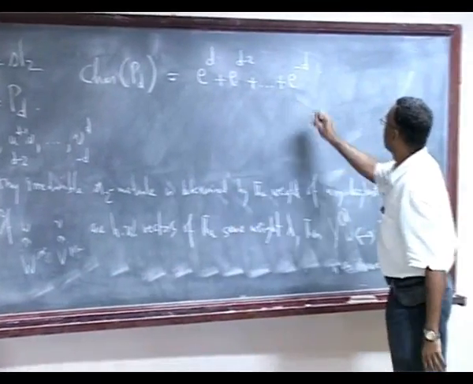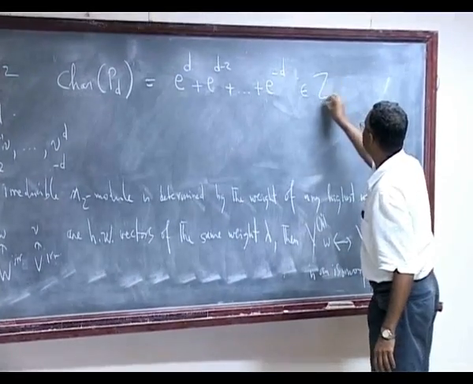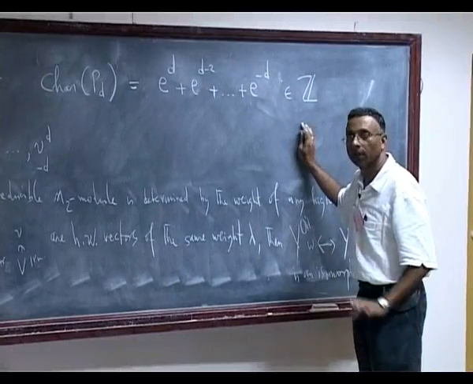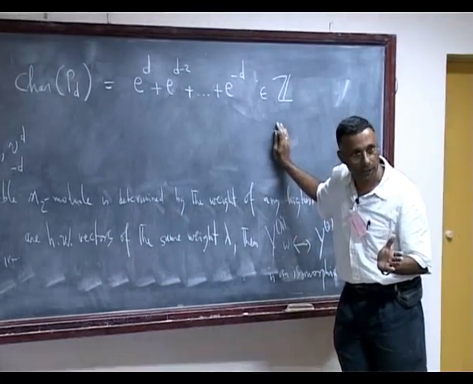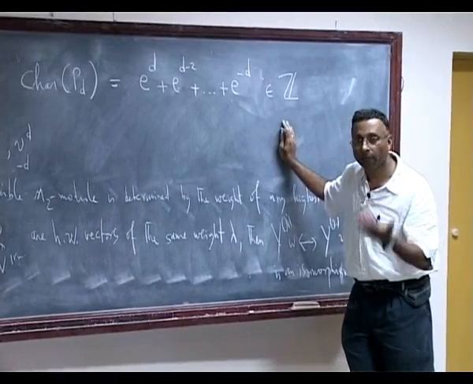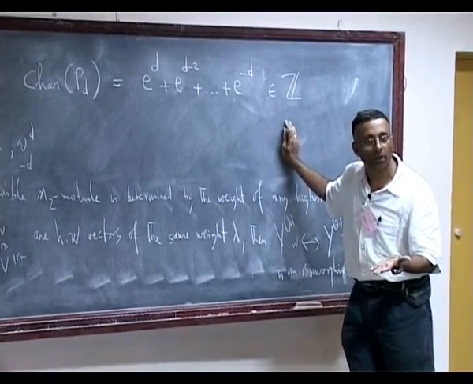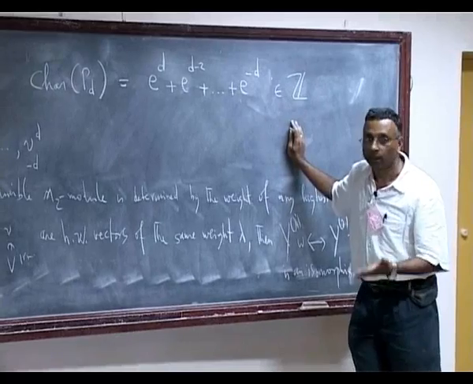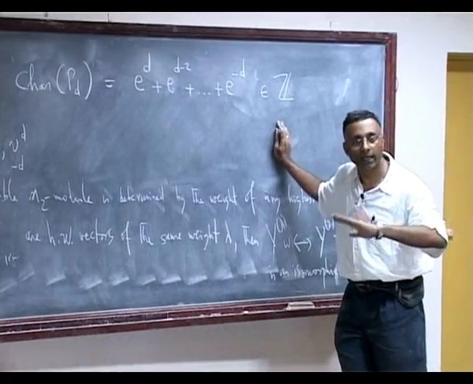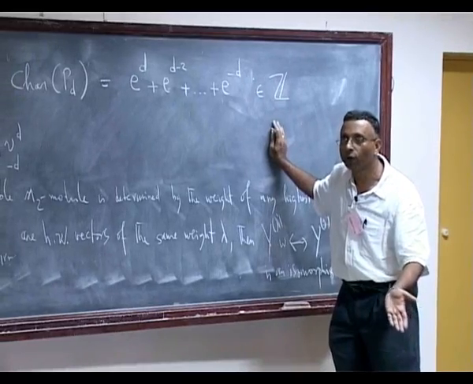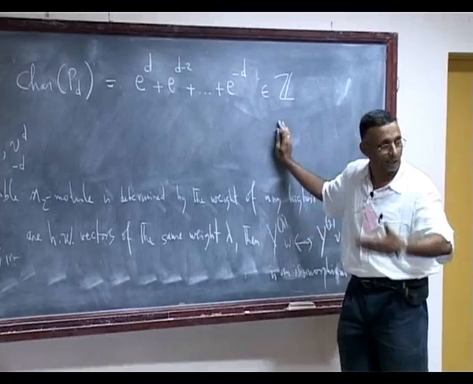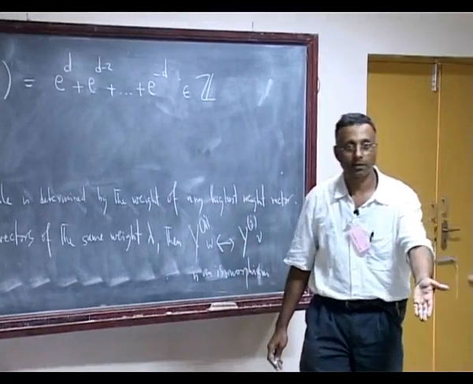This lives actually in the group ring with integral coefficients. You've all seen what a group ring means. If I take the additive group of complex numbers and think of it multiplicatively, that's the reason for writing the exponential: I write exponential of group elements.